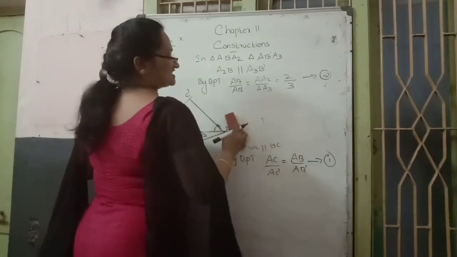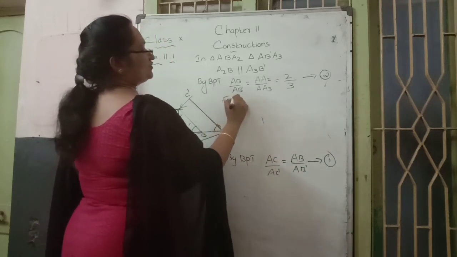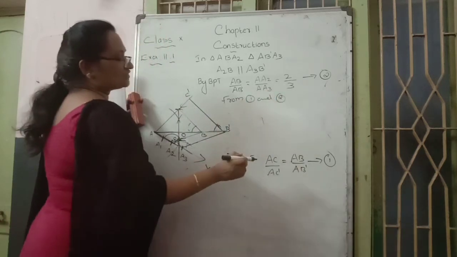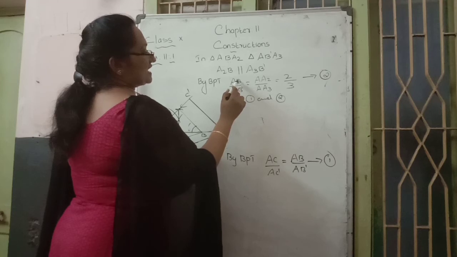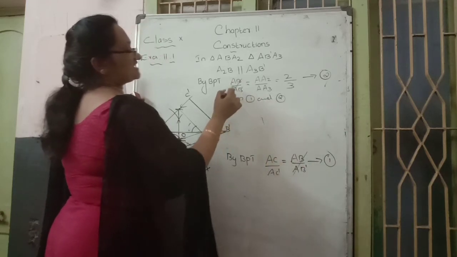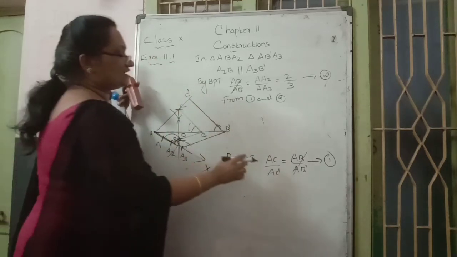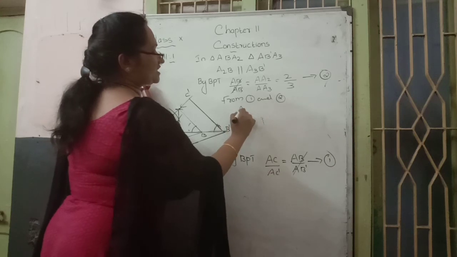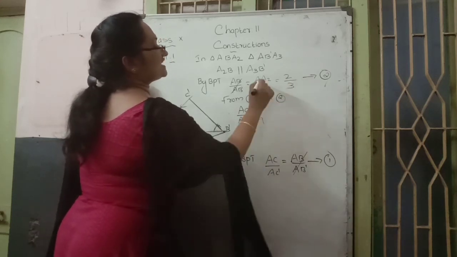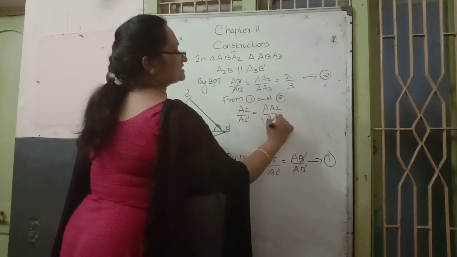Then compare the first and second equations. So, comparison from equation 1 and equation 2. See, AB and AB dash are in the first and second equations, the same side ratio only. In the remaining part, the first equation's remaining ratio is AC by AC dash, equal to the second equation's remaining ratio, AA2 by AA3.